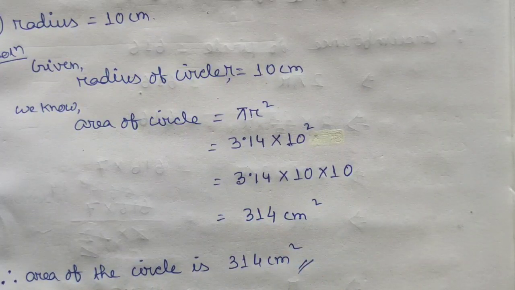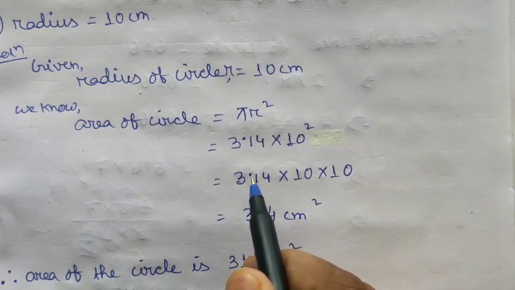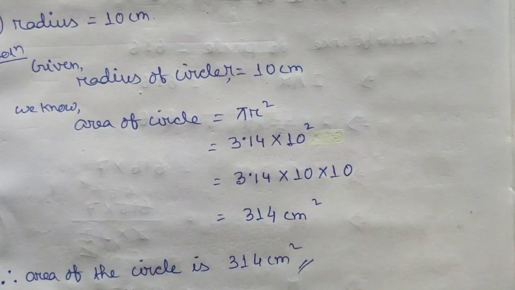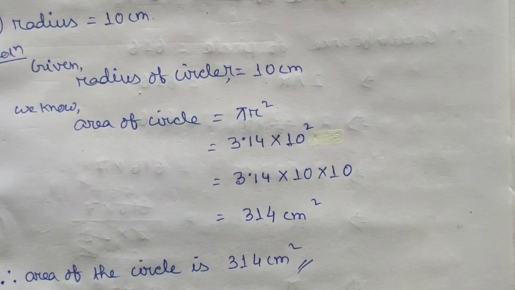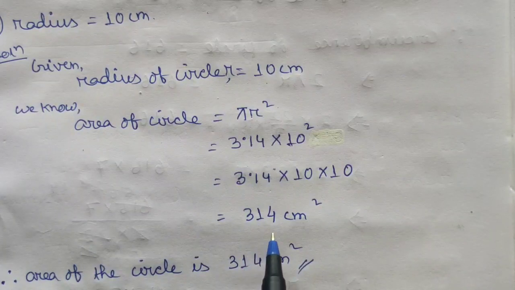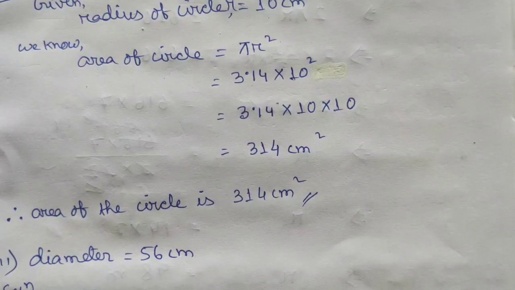Moving the decimal one digit to the right multiplies by 10. As there are two digits after the decimal and there are 2 zeros, the decimal will go after 4. So our required answer will be 314 centimeter square. Hence area of the circle is 314 centimeter square.